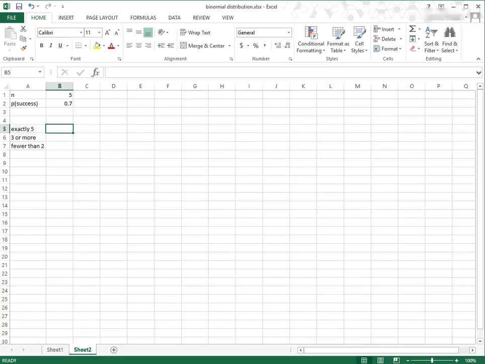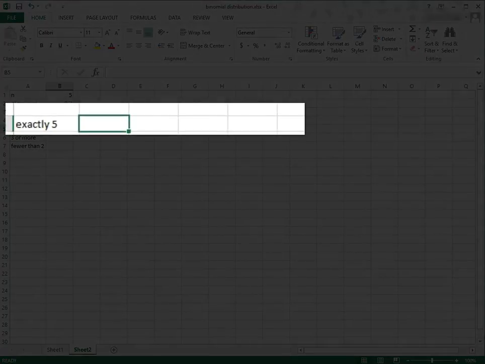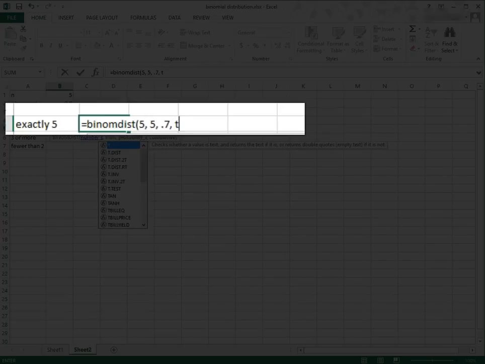So in order to find the probability of exactly 5, we're going to want to use the false argument in our binom dist function. We want to find exactly 5 with 5 trials with a success rate of 70%, and we don't want that to be a cumulative effect.